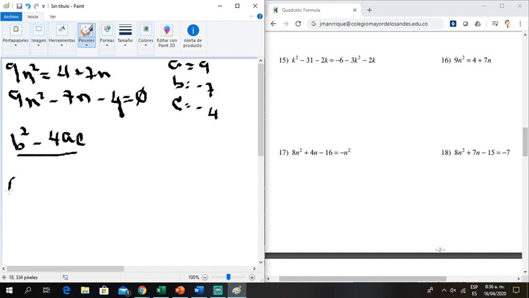B in this case is minus 7 squared, minus 4 times a, that in this case is 9, times c, minus 4.